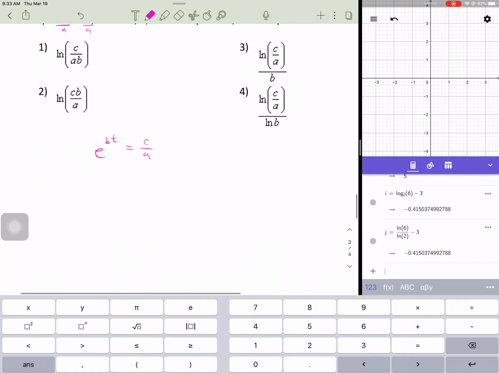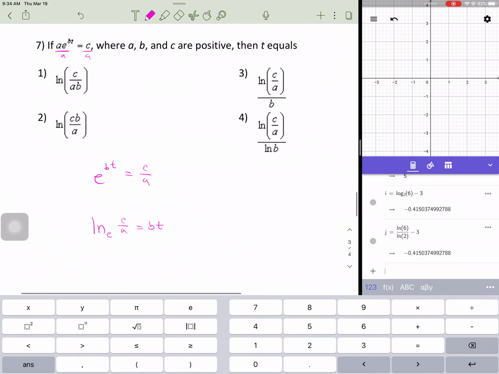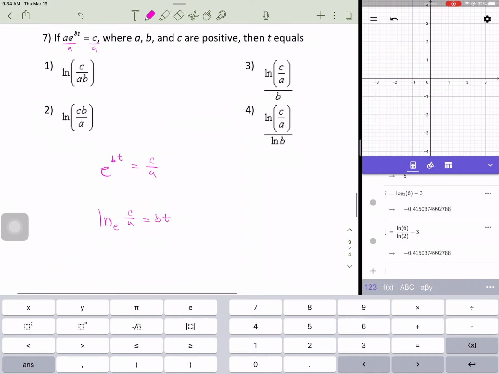So we get ln base e c over a equals bt. Base, answer, exponent. Okay, then I want to solve for t, so divide this whole side by b. So we get ln of c over a divided by b.